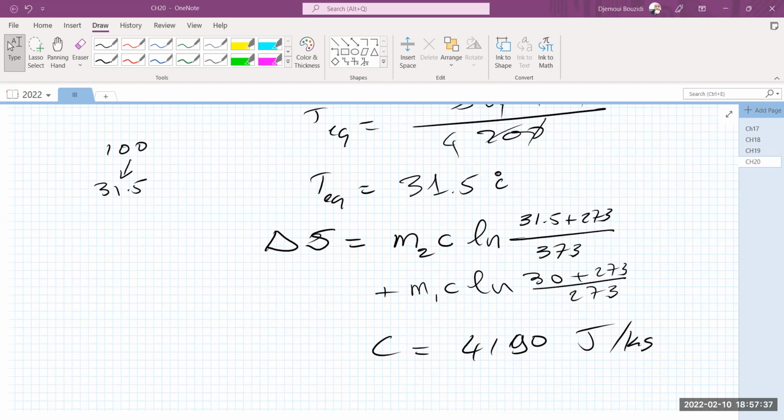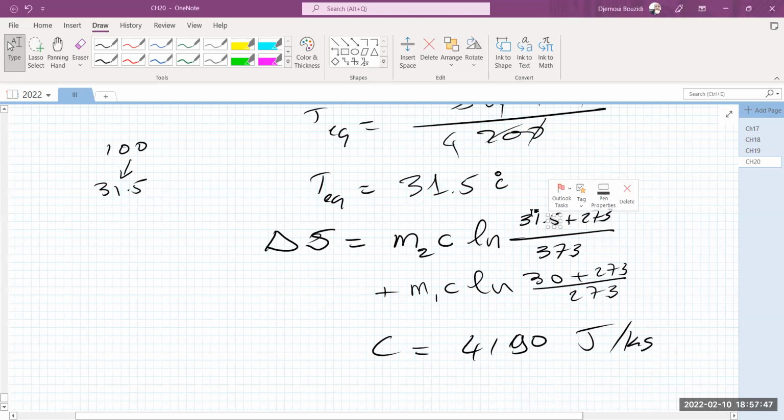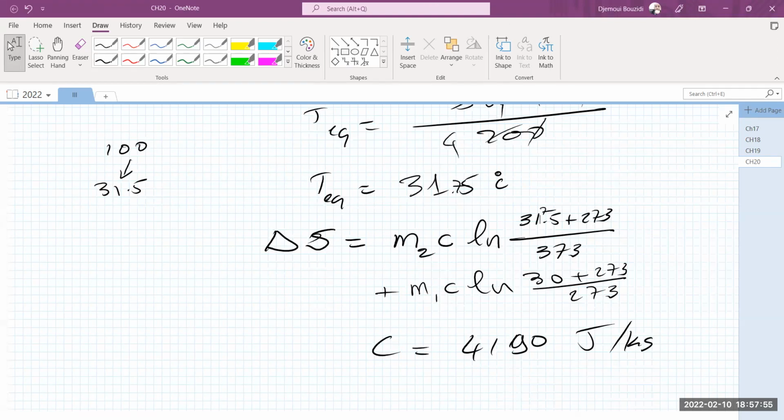Or let's start a new page. I think it's 31.75, not 31.5. Yeah. So let's do it in here in the calculator quickly. So I have M2, which is 5 times, I'm going to take the C out as a common factor.